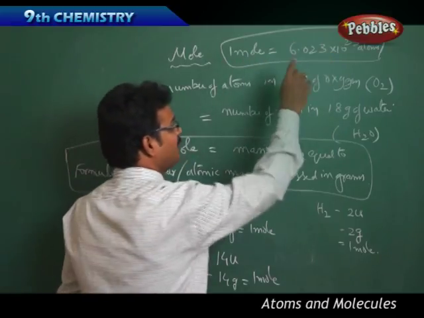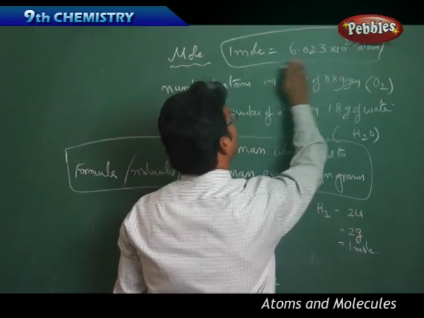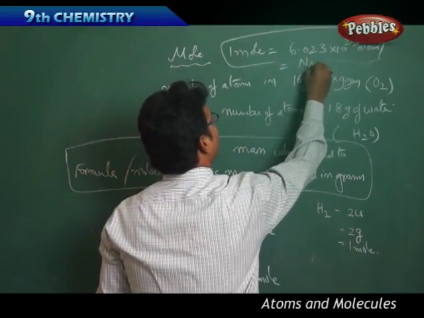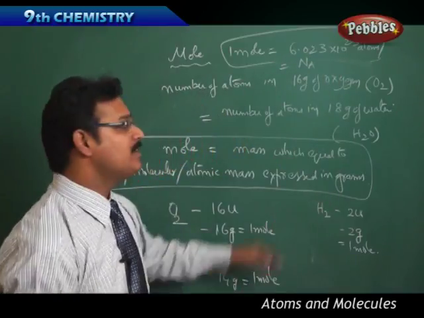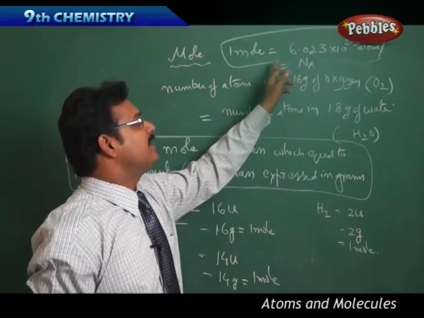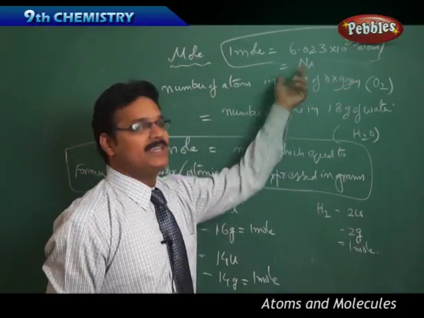So that is the Avogadro number, represented with the symbol Na. N is number, A means Avogadro. So instead of writing the big number, you can simply write Na.